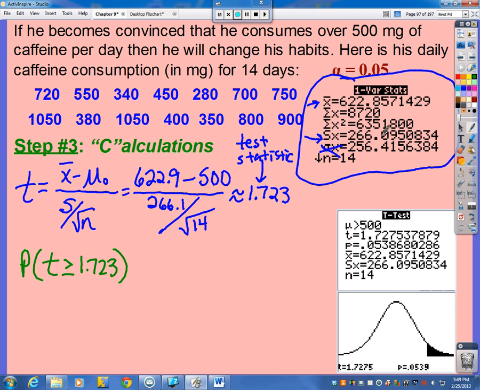So what I've done here, let me go ahead and write this. tcdf, my lower bound would be 1.723 to infinity, and then degrees of freedom we said was one away from our sample size. So the degrees of freedom will be 13 in this case. And I should get a p-value of 0.05387.